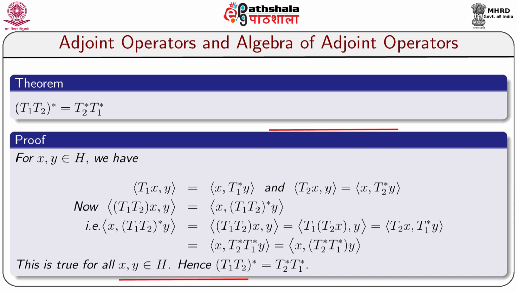Now, inner product (x, (T1 T2) star y) equals inner product (T1 T2 x, y), which is equal to inner product (T1 (T2 x), y), which is equal to inner product (T2 x, T1 star y), which is equal to inner product (x, T2 star T1 star y). This is true for all x, y belonging to H. Hence, (T1 T2) star equals T2 star T1 star.